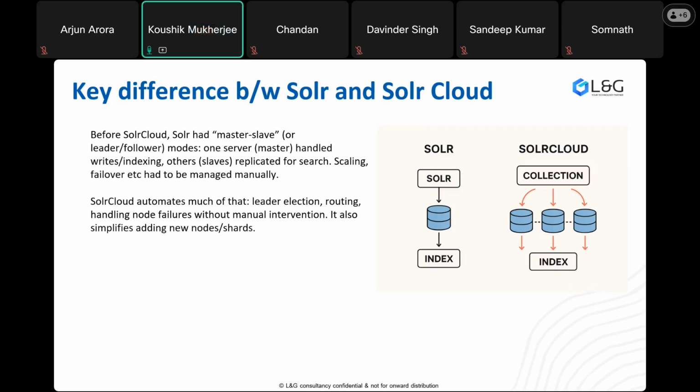You need to scale it manually, or you need to manage the failover manually. Automatically, you cannot do it. So here comes Solr Cloud. Solr Cloud can automatically manage the leader election, the routing, and handling the node failure, all using Zookeeper. So that is the main difference between Solr and Solr Cloud.